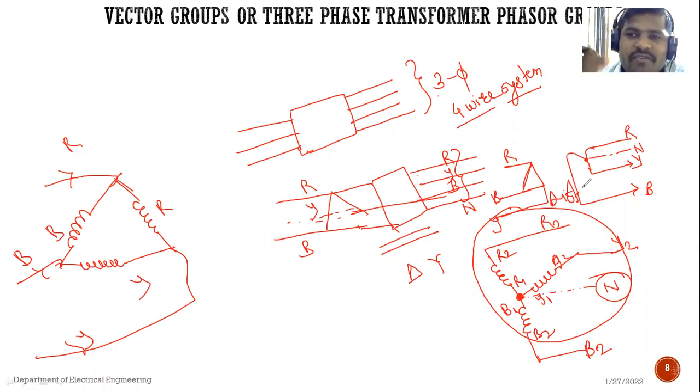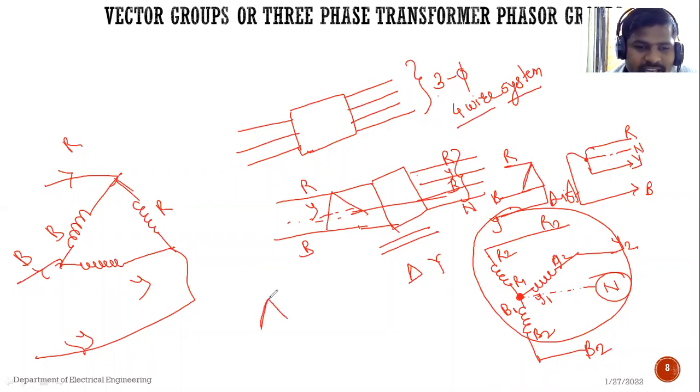That means we can easily give a single phase supply to the consumer also. So generally the distribution transformer, or distribution connection, is a 3-phase 4-wire system. So this transformer is generally connected delta to star.